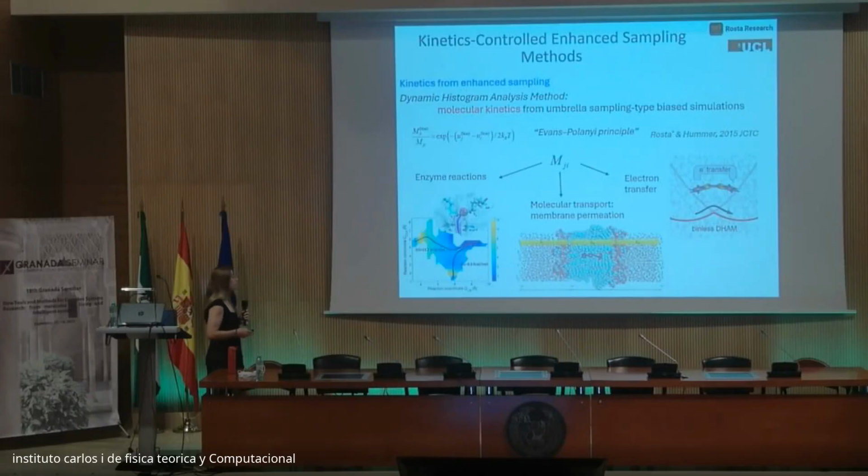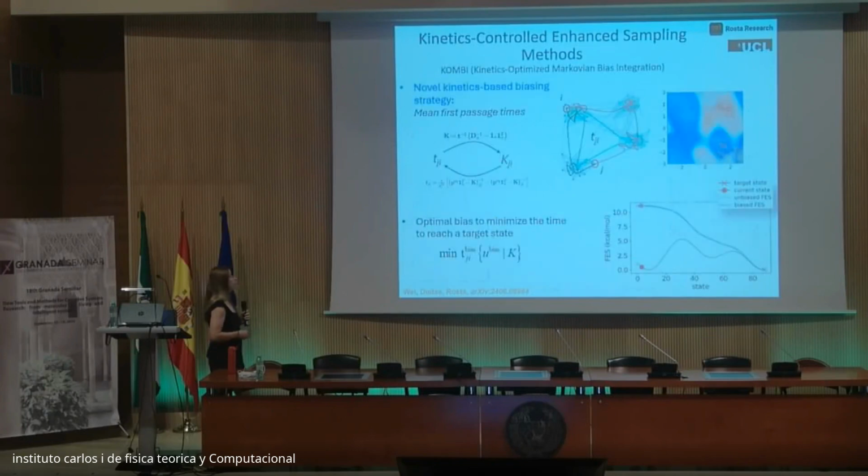So then we ask the question, could we actually use this type of information to drive the simulations? Oftentimes we have some kind of a starting state for a protein, and we want to find another state, like an active-inactive transition, for example. In that case, we would like to find how we could go from some starting state I to some end state J so that we get there as fast as we can.